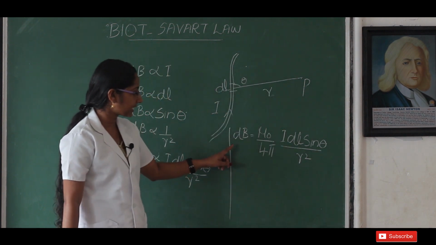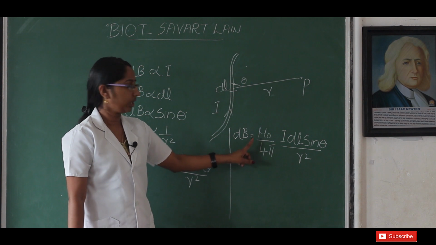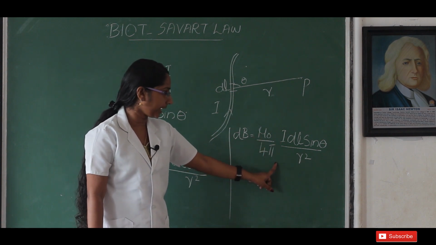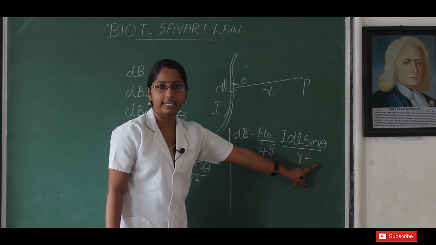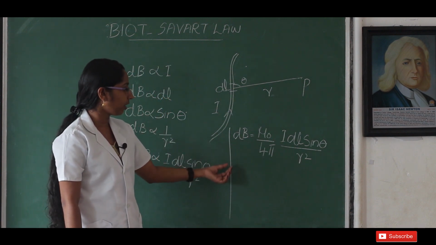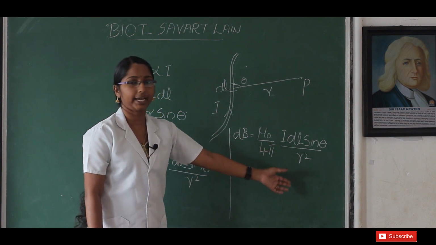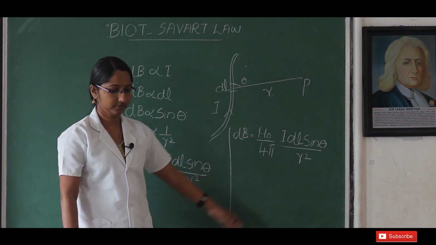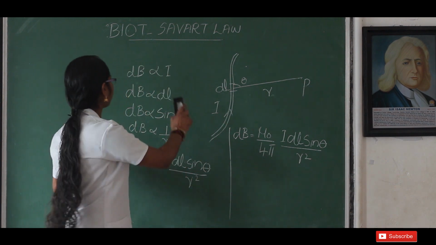So our equation is dB equal to mu 0 by 4 pi I dl sine theta by r square. This equation for magnitude of magnetic field we get.